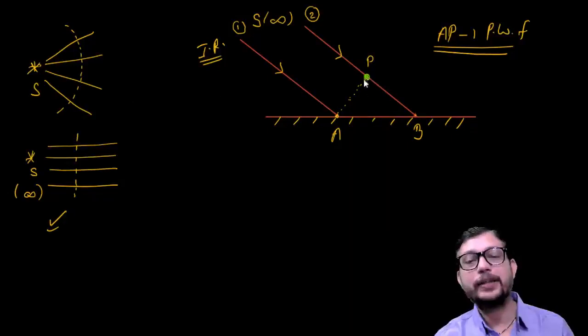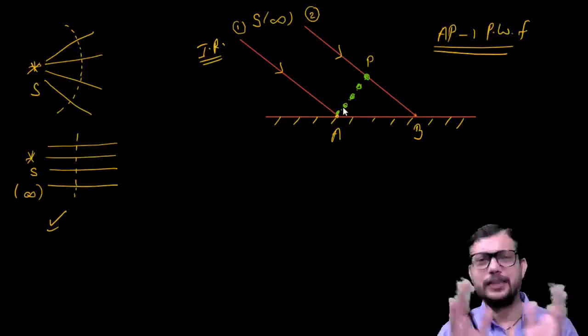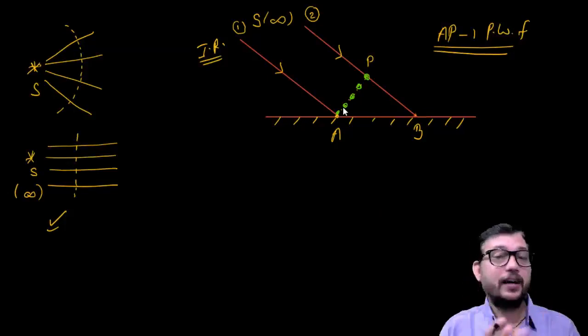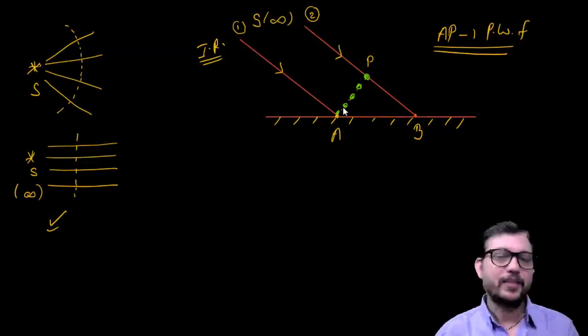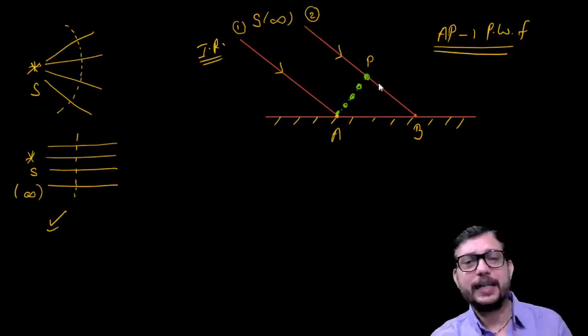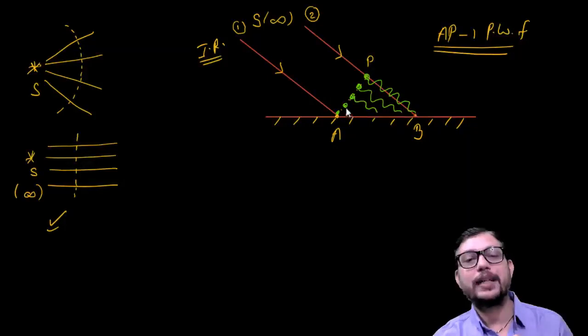Let this be a point, and here another point. So there are several points which behave like new sources of light. It means the light wave will move like this, and from this source light will move like this, okay.